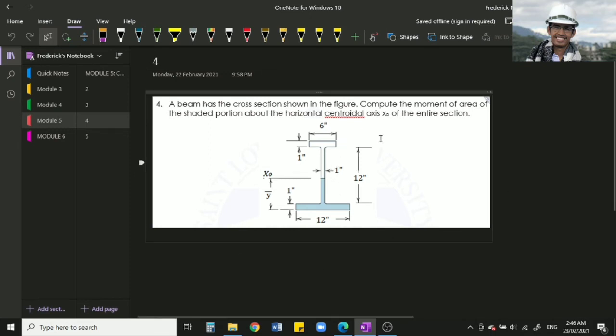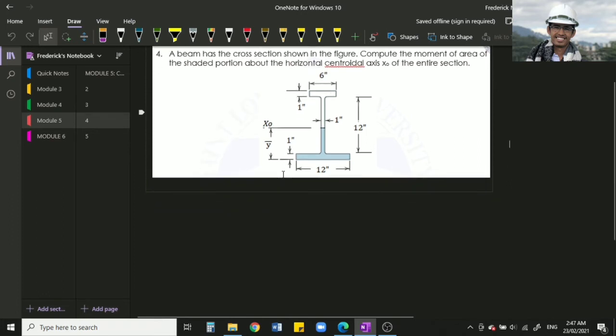So compute the moment of area of the shaded portion. This is our shaded portion. What we need here is the bar Y, and our moment area with respect to XO.